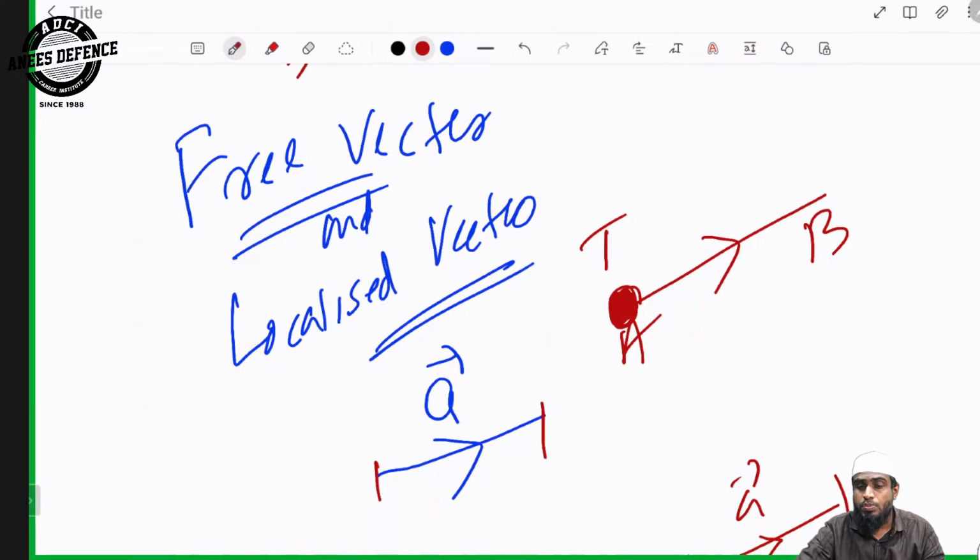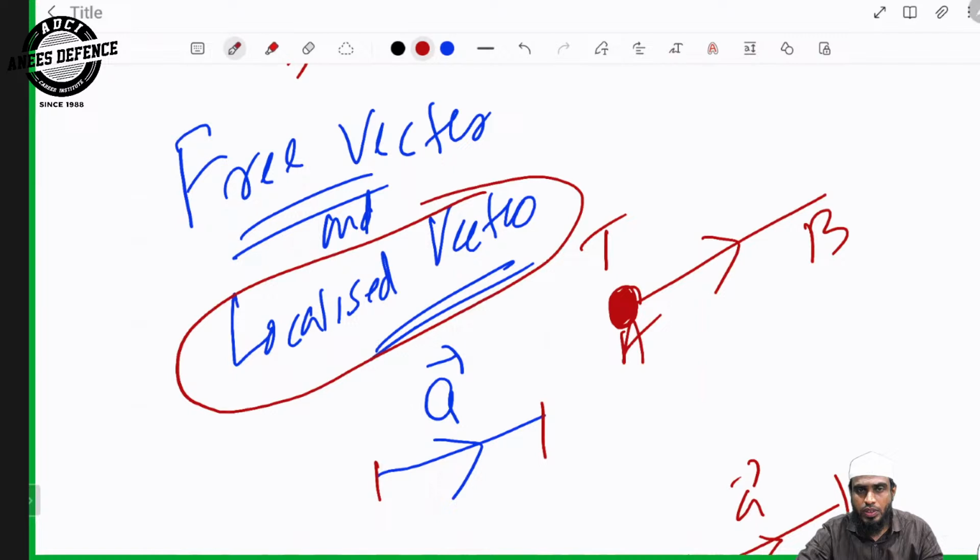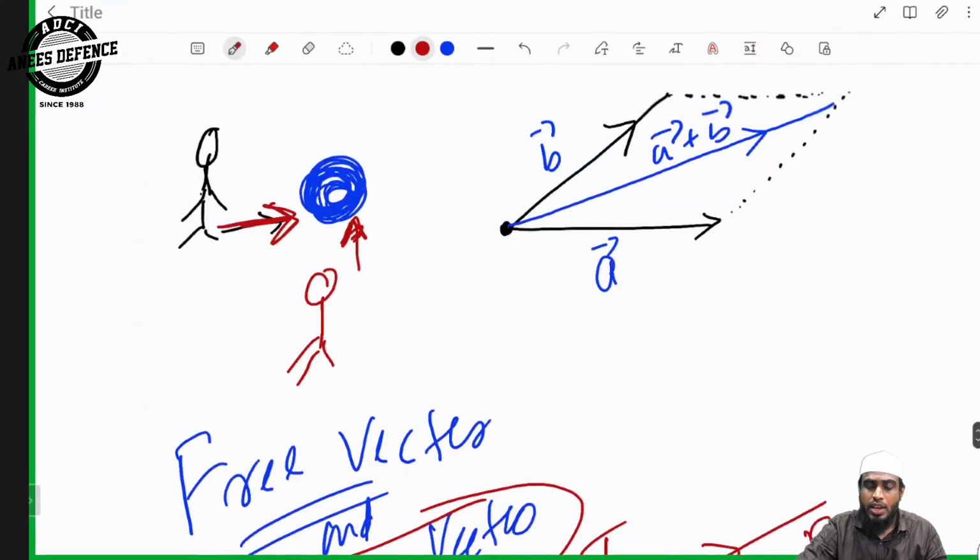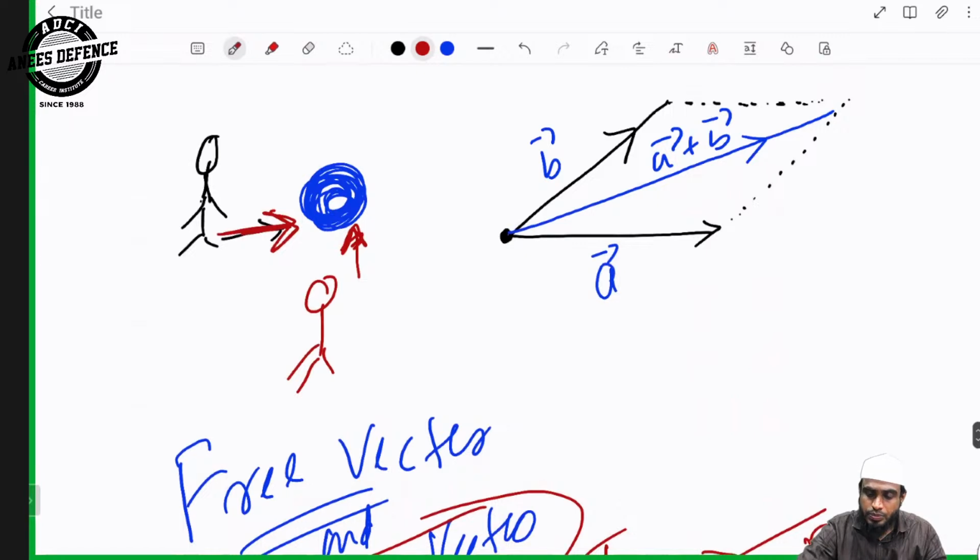That vector has to be kept there only. Such a vector we call a localized vector. In mathematics, in this portion we are completely dealing with free vectors only. We are not at all discussing localized vectors. All vectors are considered to be free vectors.